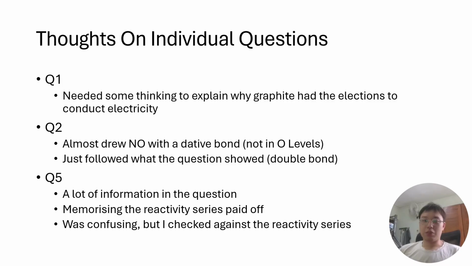I found this question the most confusing because there were many experiments, but what paid off for me was that before the test, I memorized the reactivity series, so it was pretty easy for me to cross-check if my answer made sense or not. Generally, I struggled through this question the most because of the amount of information given in all the experiments, but knowing the reactivity series helped me to get the correct answer eventually.